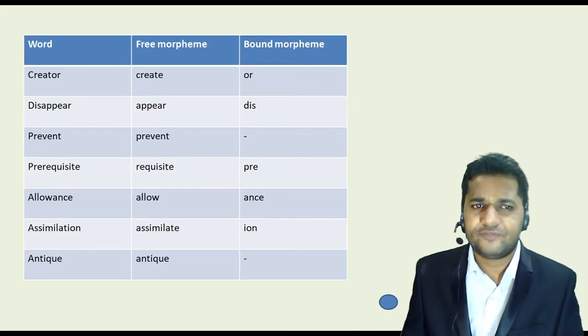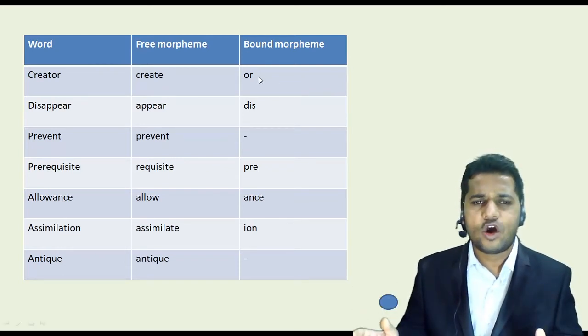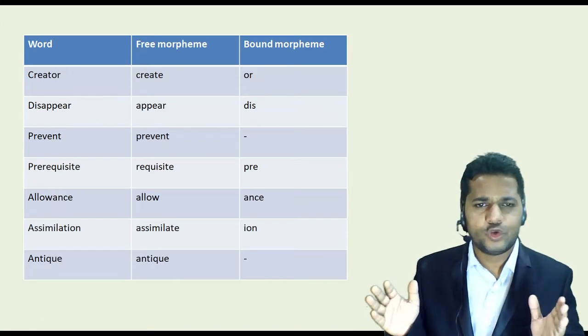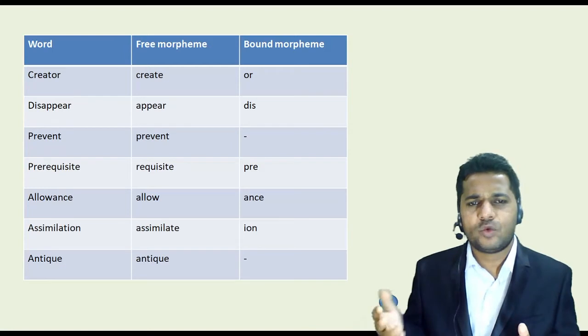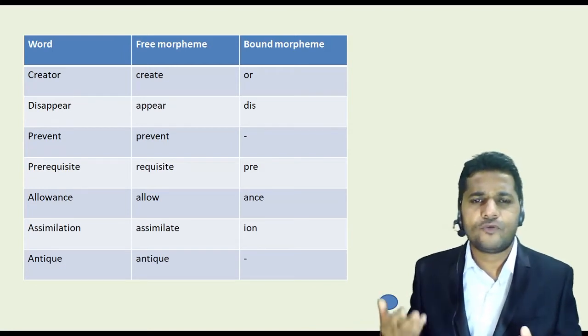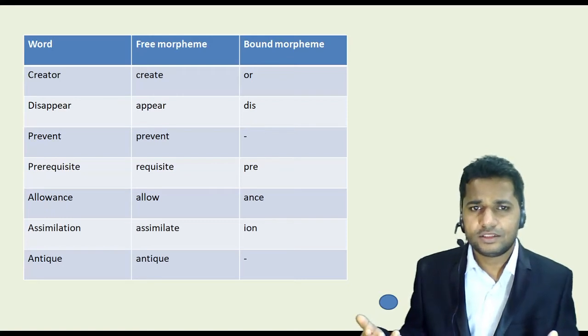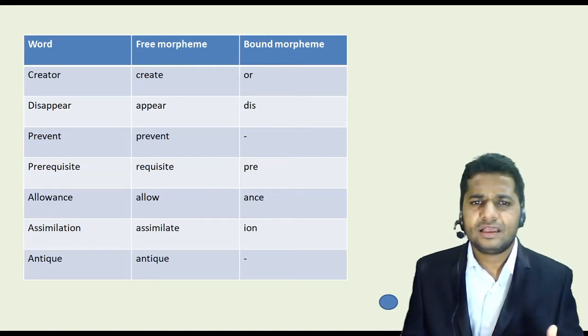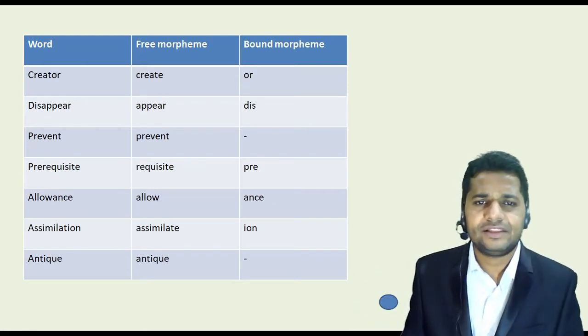So create is a free morpheme, and or is a bound morpheme, because we cannot just use or, it's not a meaningful unit. For example, if someone asks me, who is your father, and I say or, they won't understand, because these are bound morphemes. These morphemes should be bound, only then will they get their existence.